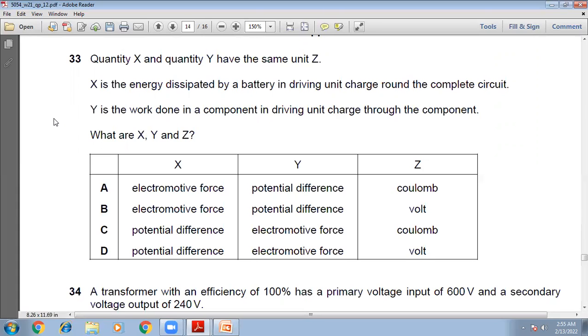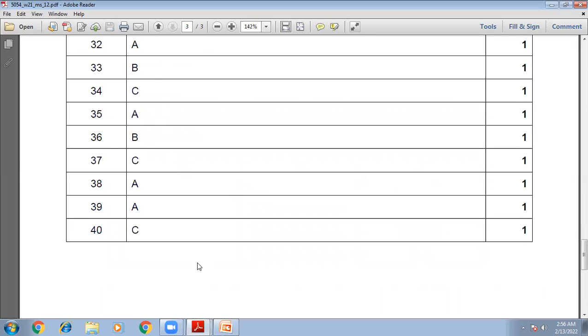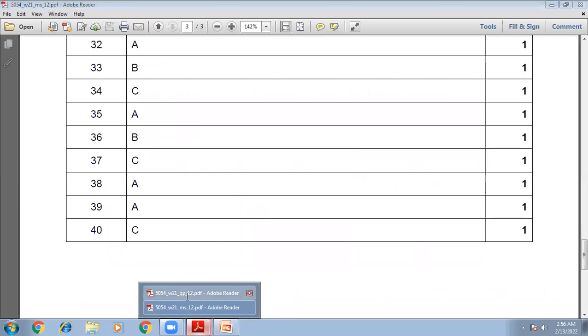So Y is basically the potential difference. And Z, both these quantities are measured in the volt. So I think B is the right option, sir. Question number 33, B looks the right option, sir.